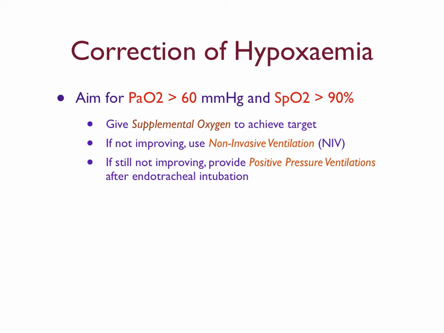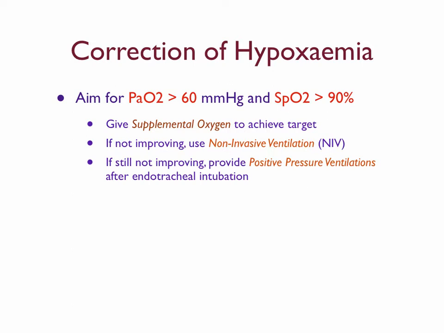The correction of hypoxemia is aimed at giving supplemental oxygen to achieve a target PaO2 of more than 60 mm mercury, or if we use the pulse oximeter, a pulse oximeter reading of more than 90%. We do this by using oxygen delivery devices.